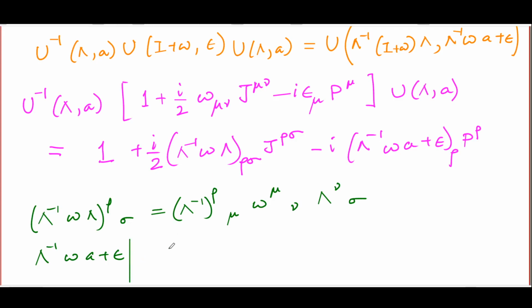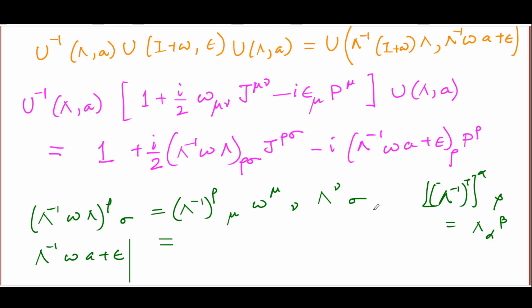Now, to proceed, what we need to realize is lambda inverse transpose's alpha beta-th element is actually written as lambda alpha beta. Well, it's not just written that way.